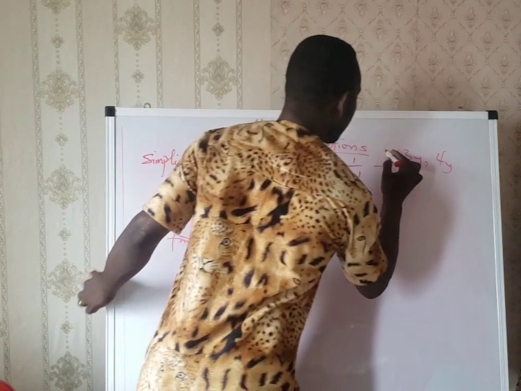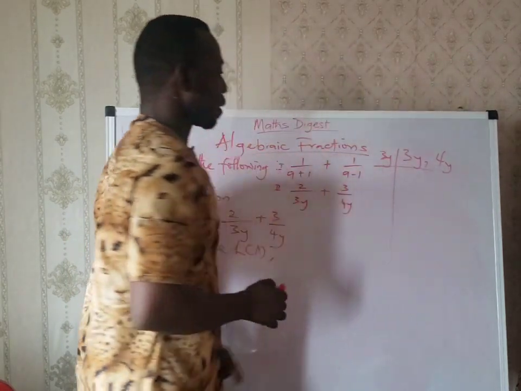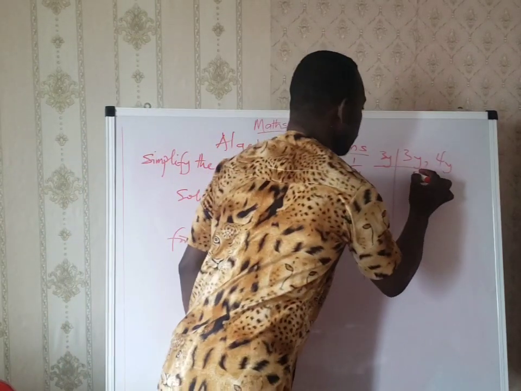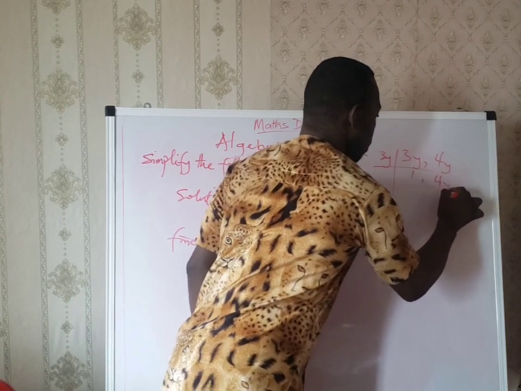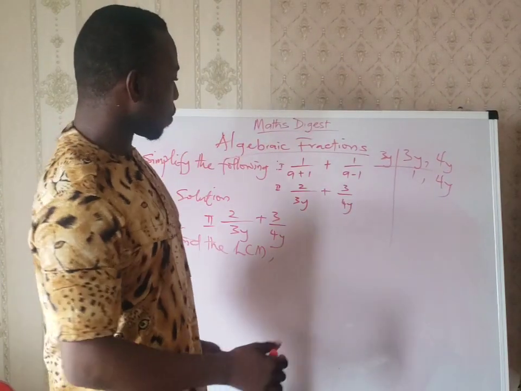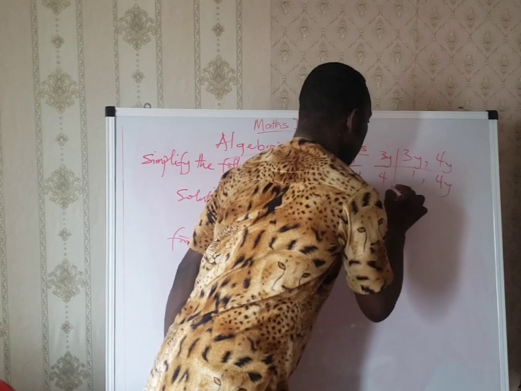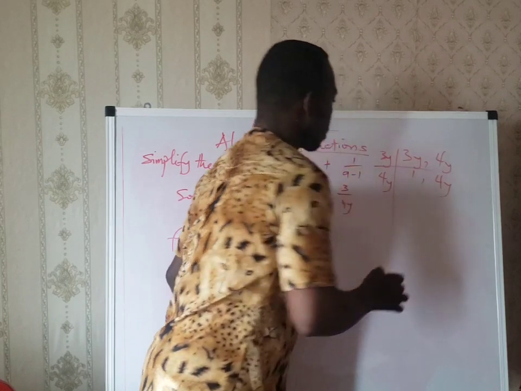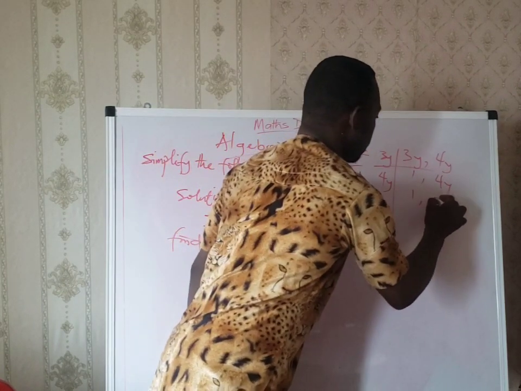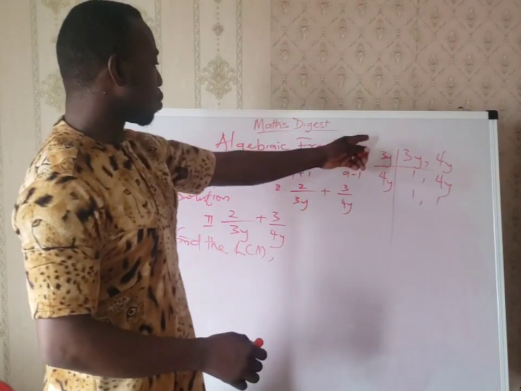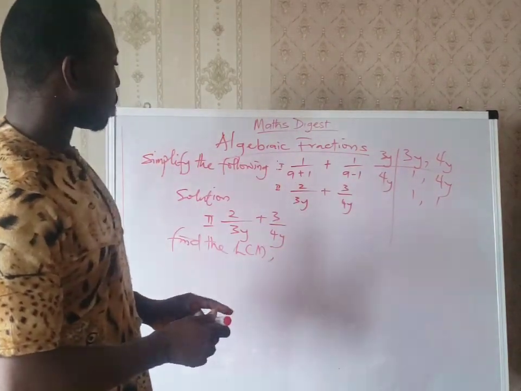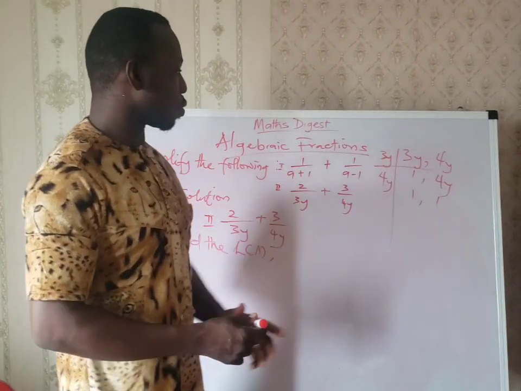Now you say 3y into this, you can cancel only this. We are still left with our 4y. So we come here, say 4y, 1, 1. Okay, now we're going to take the product of these two.